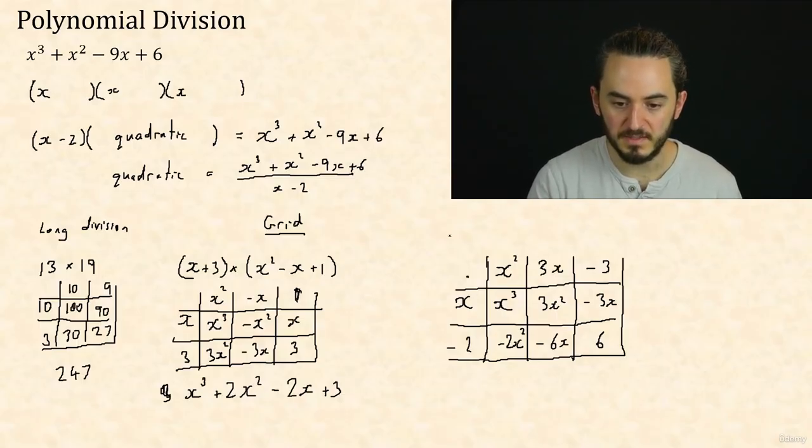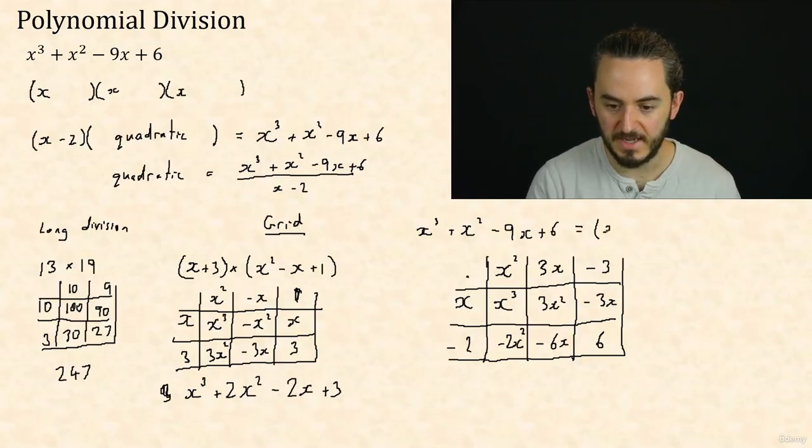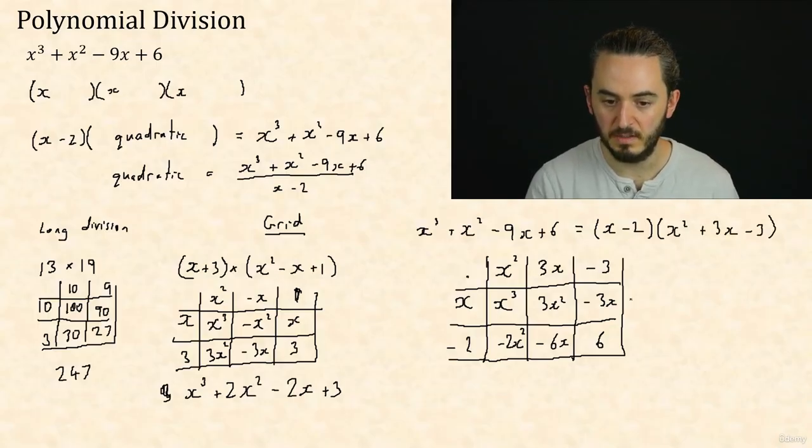What we've discovered is that that cubic equation, x cubed plus x squared minus 9x plus 6, can be factorized as x minus 2 multiplied by x squared plus 3x minus 3.